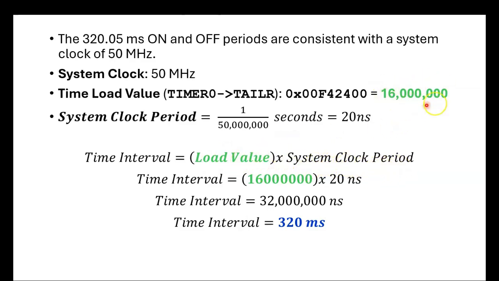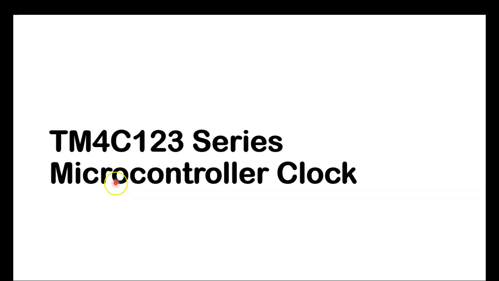If we substitute these values into the equation, 16 million for the load value multiplied by 20 nanoseconds for the clock period, that gives us 32 million nanoseconds. If we do the conversion, we get 320 milliseconds as seen earlier.